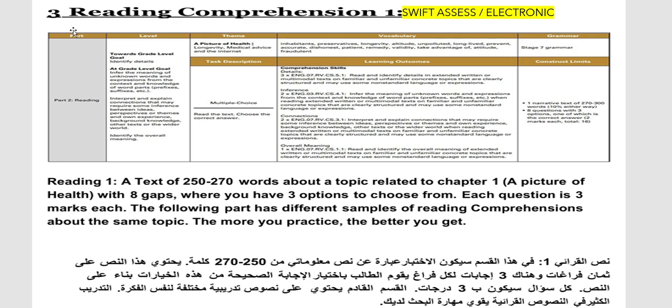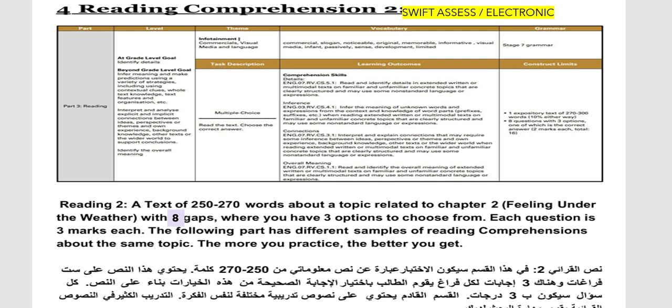So your part 1 is a vocabulary based paragraph, part 2 is a grammar based paragraph, part 3 is going to be reading comprehension, and part 4 for the electronic examination is also going to be a reading comprehension.